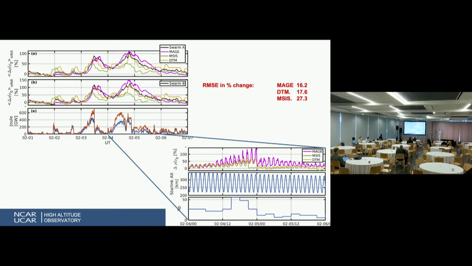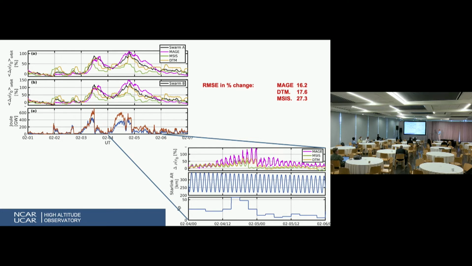This is the percentage change simulated by MAGE with TIEGCM, and DTM and MSIS. This is percentage change, not the absolute density variation.